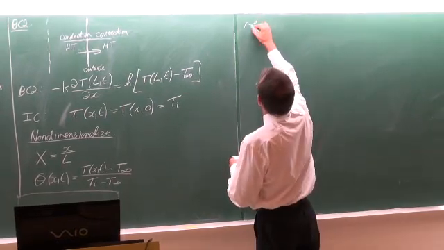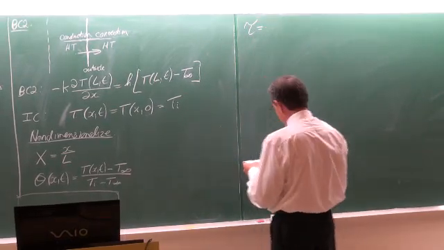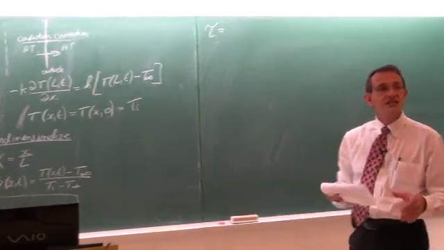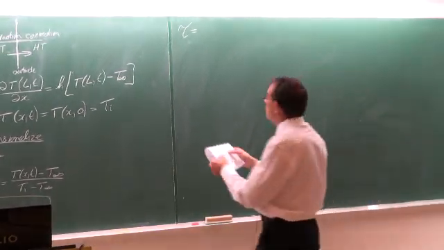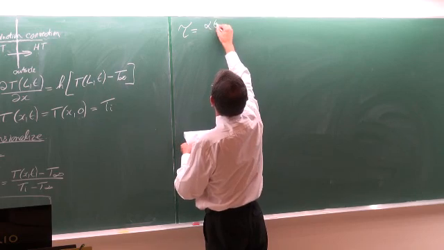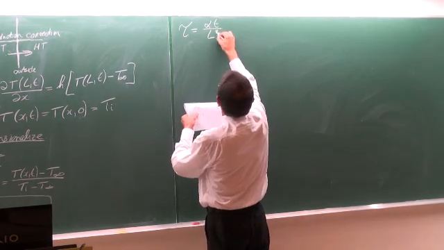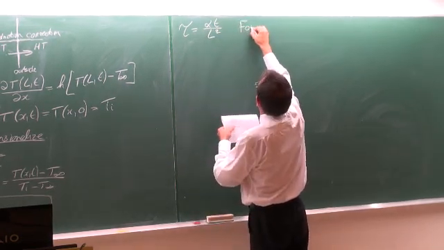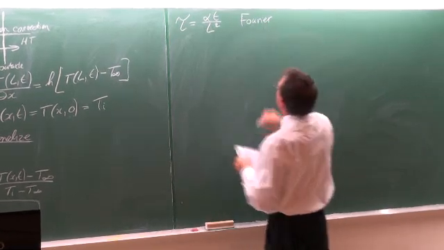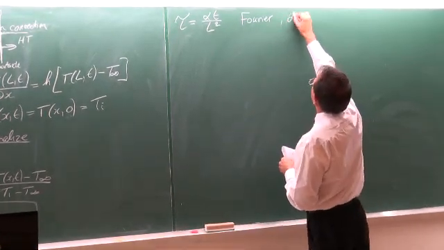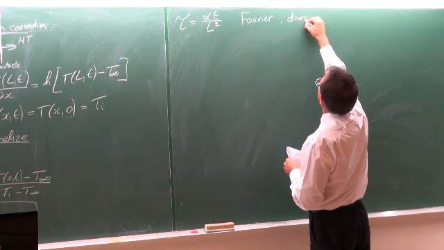The next one is the Fourier number, or the dimensionless time. The Fourier number is equal to alpha t divided by L squared.